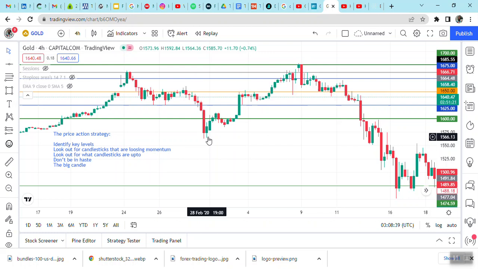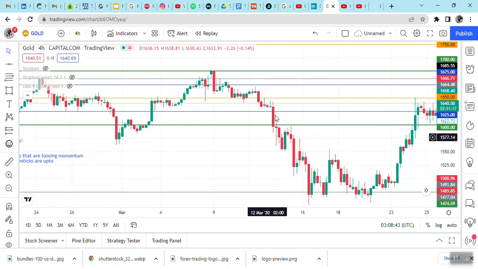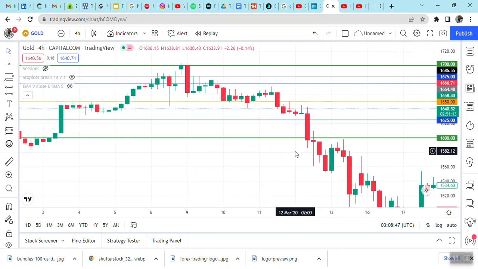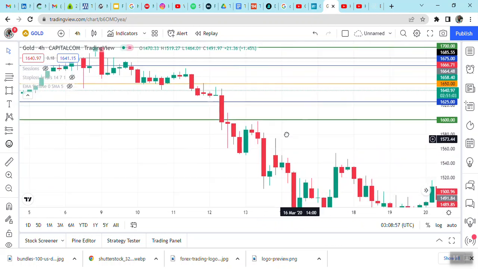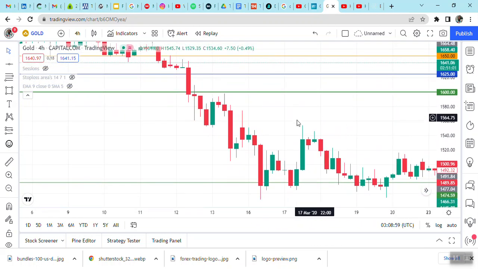So don't expect a reversal yet. For example, you can see this particular long candle piercing through our major key level, then there is a continuation. It shows that the momentum is very, very high.